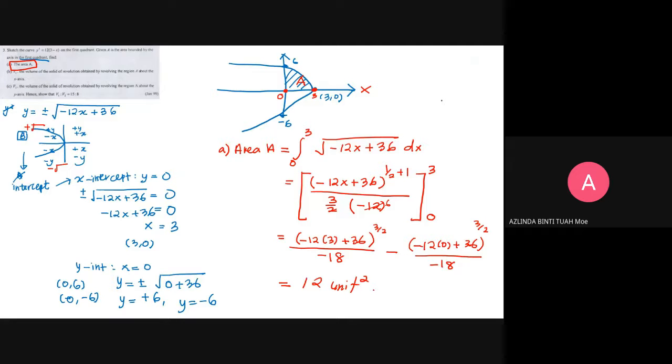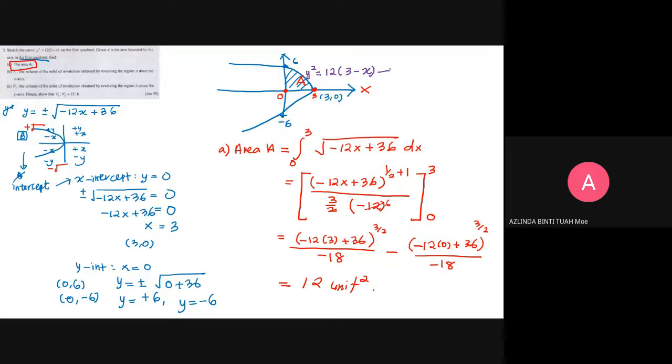The only function we have here is y squared equals 12 times 3 minus x. This is the original function, or you can use the one that you modified. It will be the same. If we want to integrate with respect to y, we have to rearrange this equation to make x the subject, meaning x in terms of y.